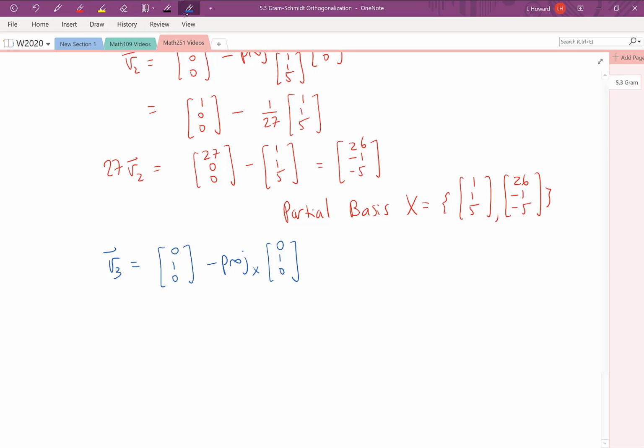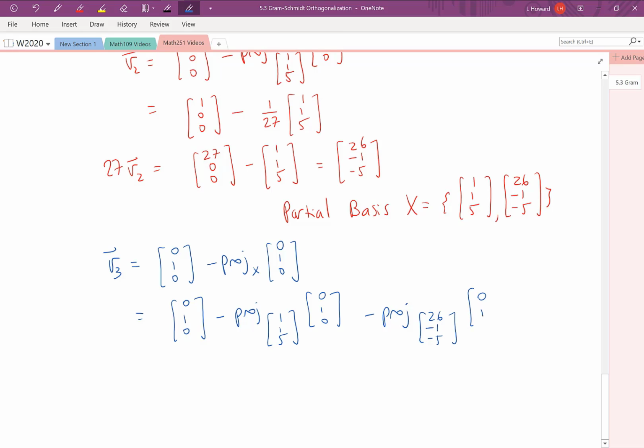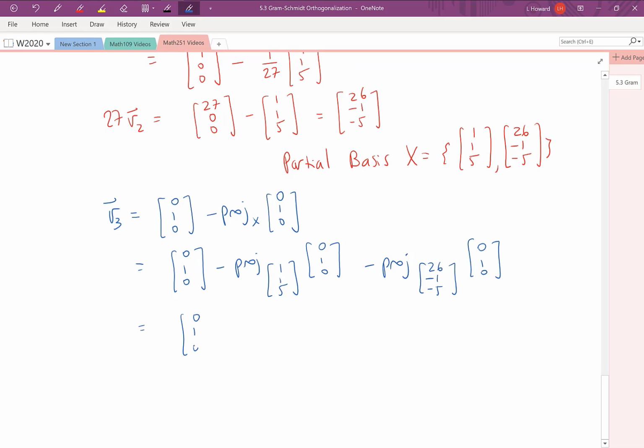Okay, so if we want to put some specifics on here, 0, 1, 0 minus the projection onto 115 of 0, 1, 0, and then also minus the projection onto 26 minus 1 minus 5 of our vector 0, 1, 0. So 0, 1, 0 minus, now we're going to do our dot product, which is 1.